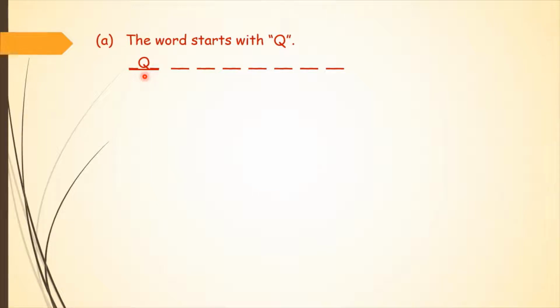So now, except Q, there are 7 more letters which we can arrange at these 7 positions. Q can be placed at the first position in one way, and the other 7 letters can be arranged at the 7 places in 7 factorial ways.